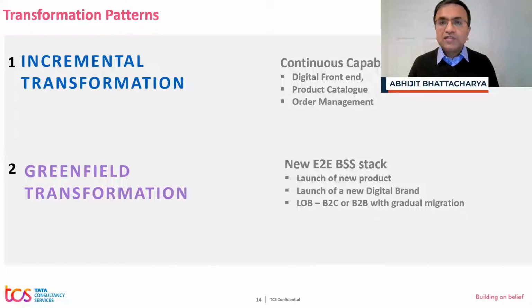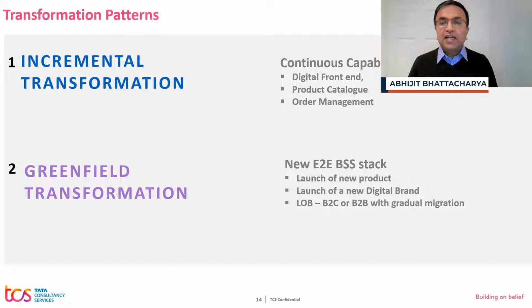There is also, and this is where most of the investments are happening right now, a trend toward greenfield transformation. The scenarios where greenfield transformations are more common are when they are launching a new product. For example, a new IoT product line is getting launched.